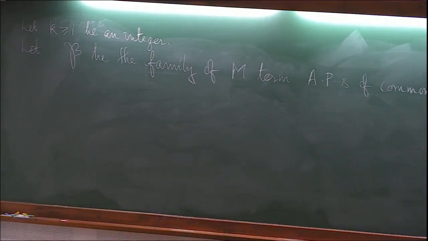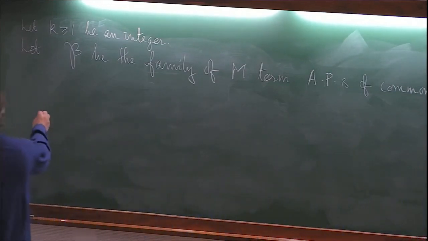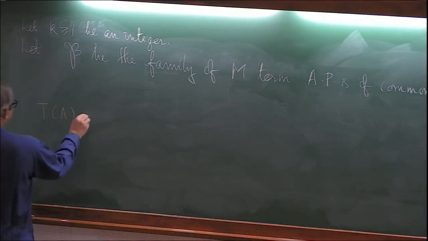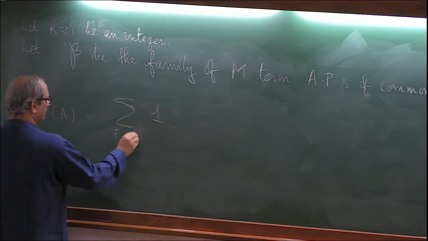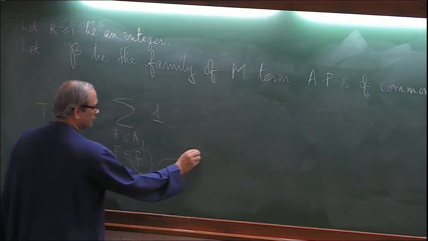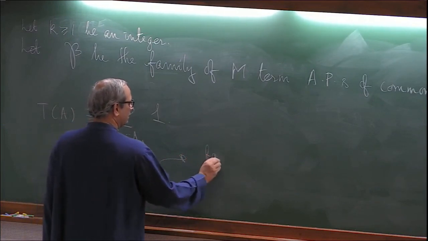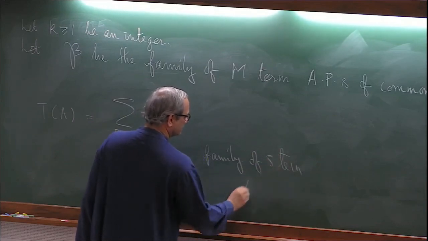F is the family of all three-term arithmetic progressions. So S of A is exactly what we have called T of A. So T of A is the number of F contained in A, F in the family of three-term APs.